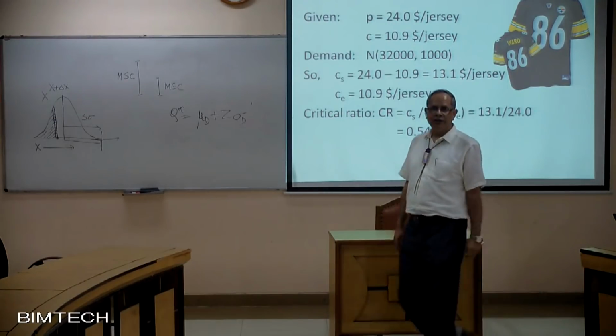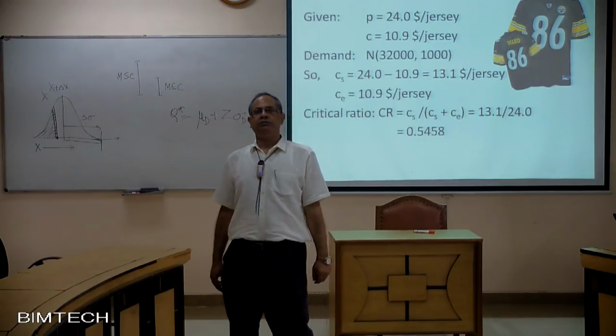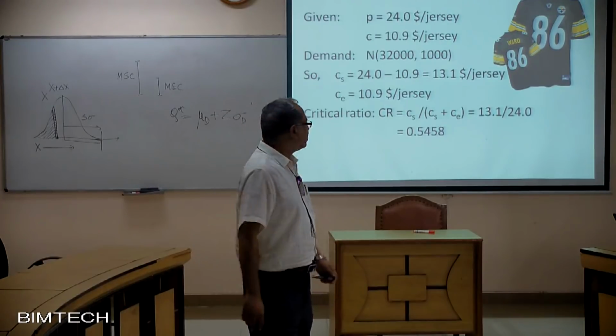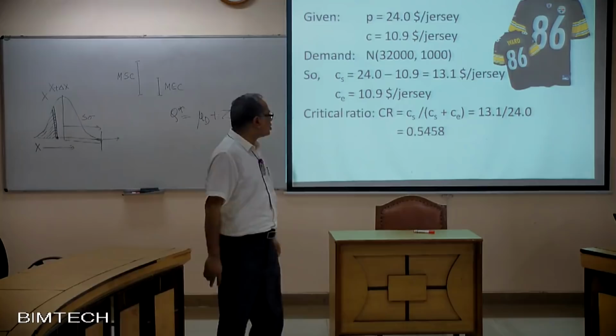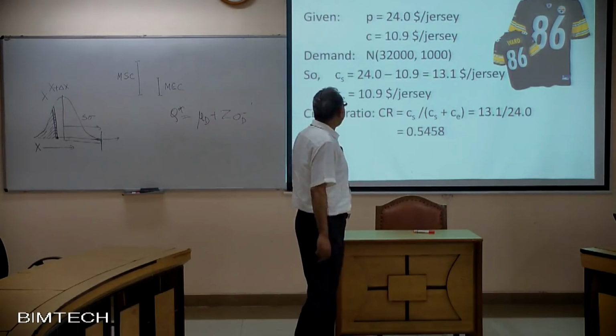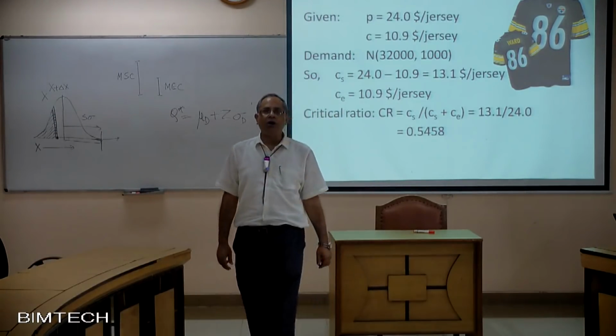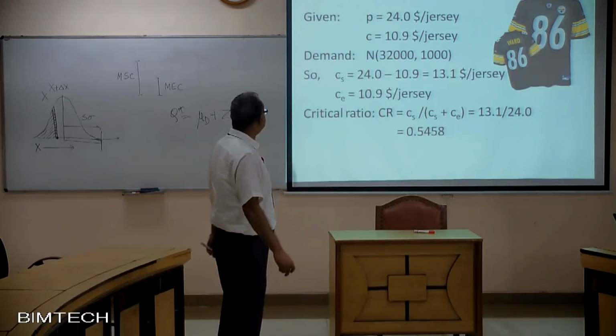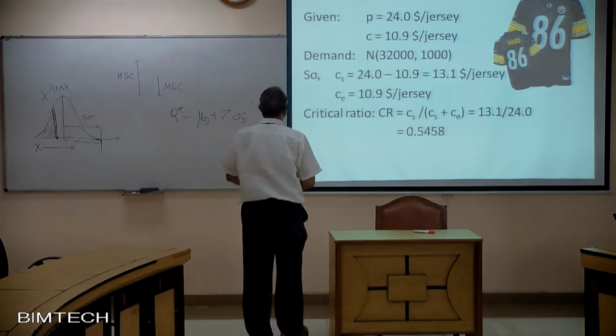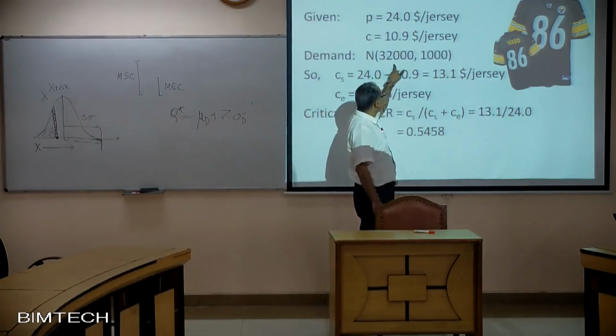So here we are, once again with the same data. The unit selling price, P, is $24 per jersey. The unit buying cost for Reebok is $10.9 per jersey. The demand is normally distributed with a mean of 32,000.